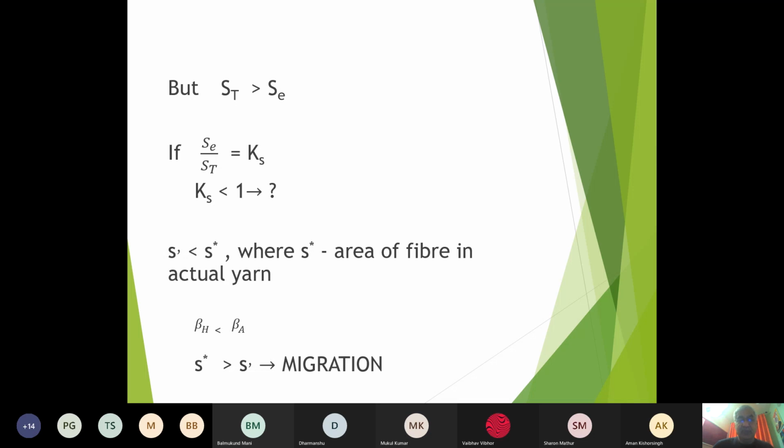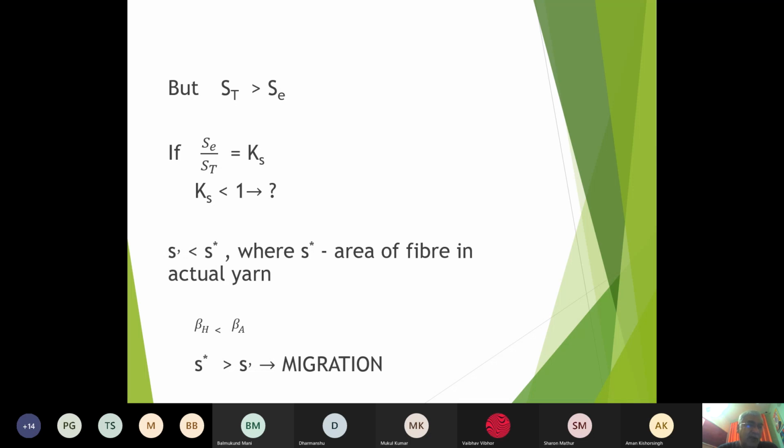Yeah, please. Can you please repeat why the theoretical value of number of fibers in cross section is greater than the experimental value? In case of Ks, you are talking or general? You see, generally, suppose you have a parallel bundle of fiber and you cut the cross section. Then you will get the actual number of fibers, whatever you have.